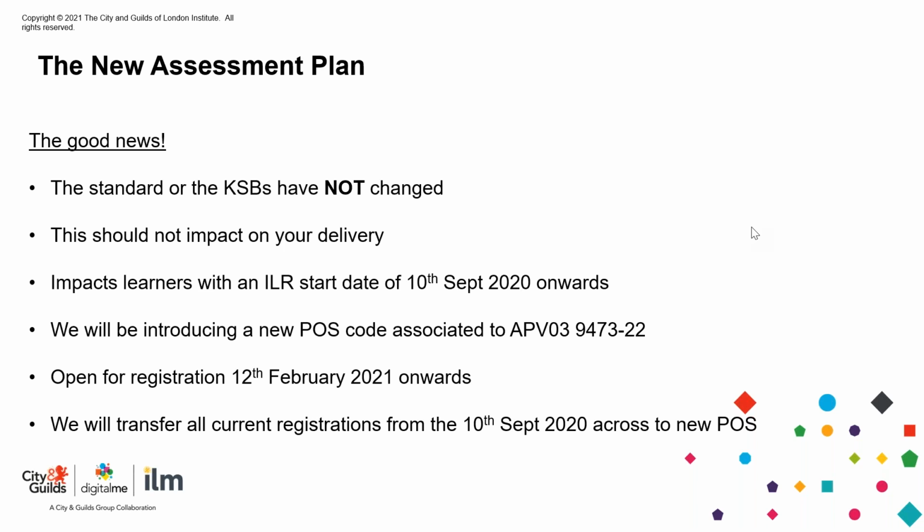So for all your new learners on your new plan, make sure you register on the right number. What we're looking at currently is the learners that have been registered before. We will be making contact with you to identify which learners will need switching across onto the new registration number. Thanks, Dom.